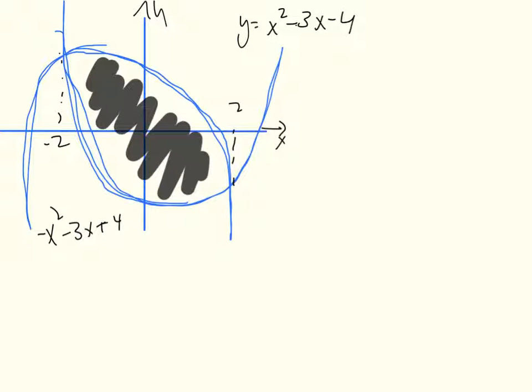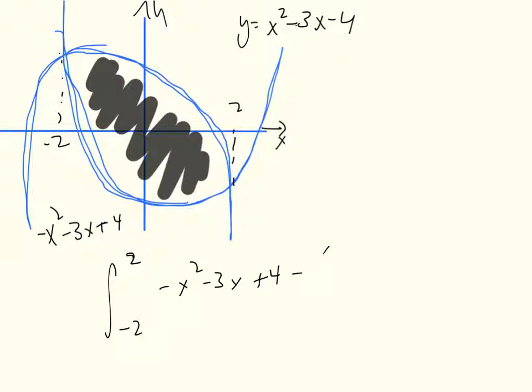The graph was nice enough to give us the intervals that they wanted us to go from. So we have an upper bound of 2 and a lower bound of negative 2. When we integrate, we're going to go from negative 2 to 2. And remember, the upper function is the negative x squared minus 3x plus 4.